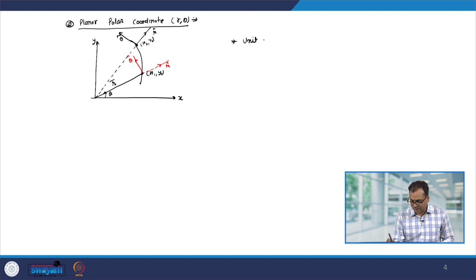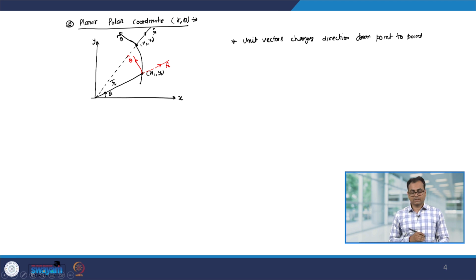The unit vectors change direction from point to point for a planar coordinate system. Here planar means the body is moving in a plane.